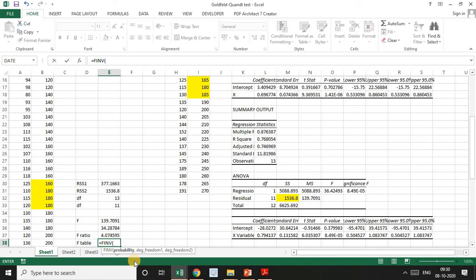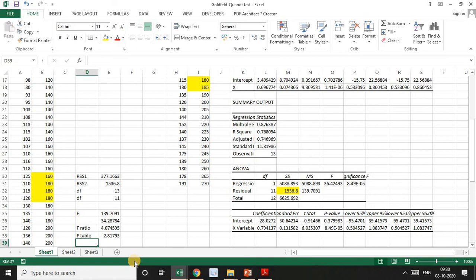Probability is equal to 0.05, degrees of freedom is equal to 11, 11. Here the F table value is equal to 2.87. For the decision, the actual value is greater than the table value, so we have to reject the null hypothesis.